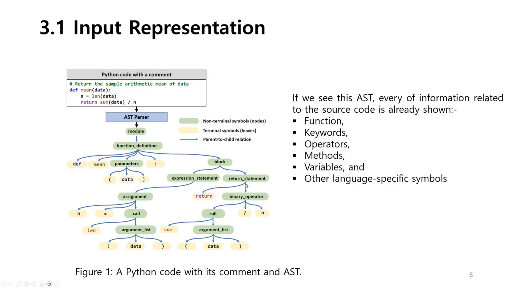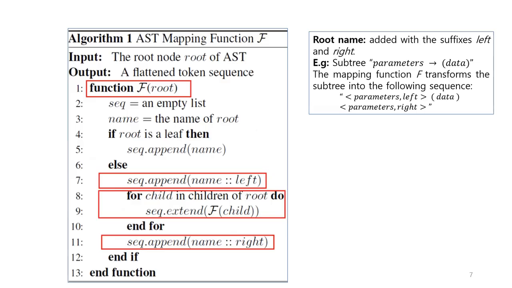So the mapping function is converting all these attributes or all nodes and leaves of this AST tree to sequence tuples. We'll see the mapping function here.